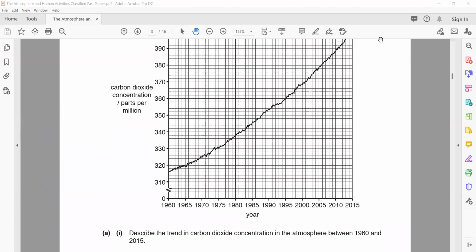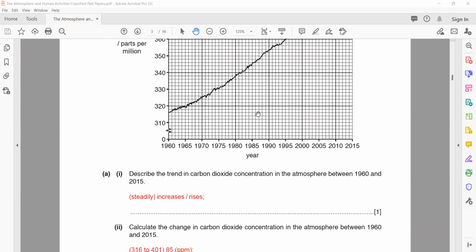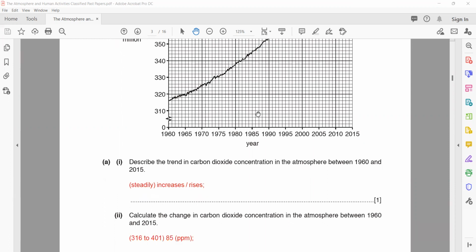Now see the question. Describe the trend in carbon dioxide concentration in the atmosphere between 1960 and 2015. As you can see, generally it is increasing. So the answer is steadily or slowly increasing, or there is a rise. After that, they are saying calculate the change in carbon dioxide concentration in the atmosphere between 1960 and 2015.